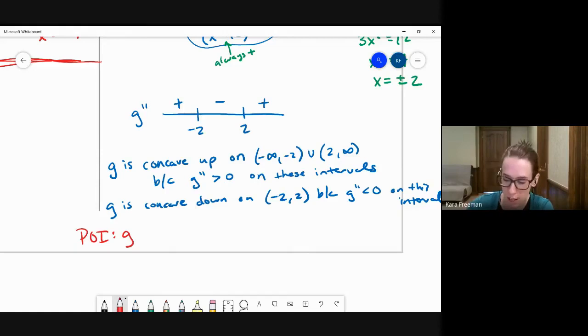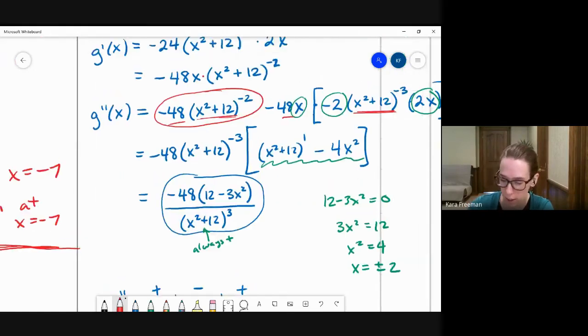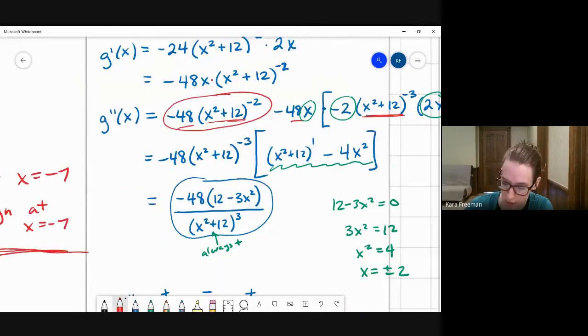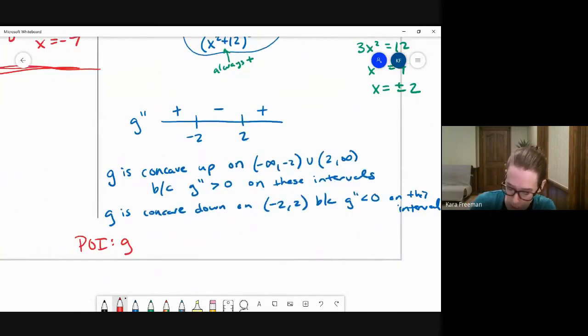If you go back and look at g, back to the very beginning, you see how you're just squaring your x. So do you see how positive and -2 are going to be the same? Right? So you have two different points of inflection, but they're going to have the same y value. So g at both positive and -2 will be 24 over x squared, which is 4, plus 12, or 3/2.